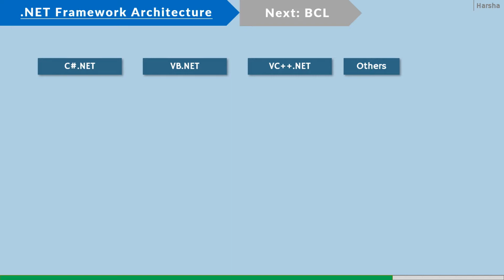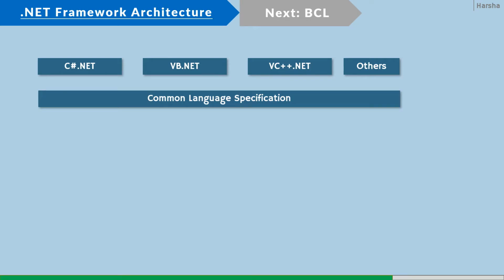Firstly, at the top, we have .NET languages such as C#, VB.NET, VC++, etc. We have more than 30 languages available in .NET. I am not writing all those languages to avoid the confusion. However, in most of the practical cases, the developers use C# as a language in .NET.